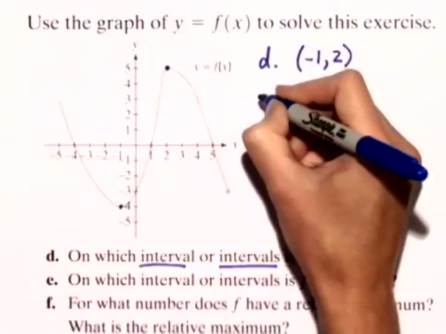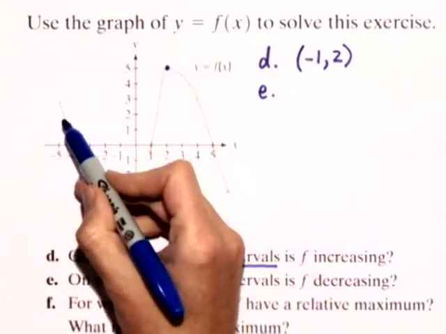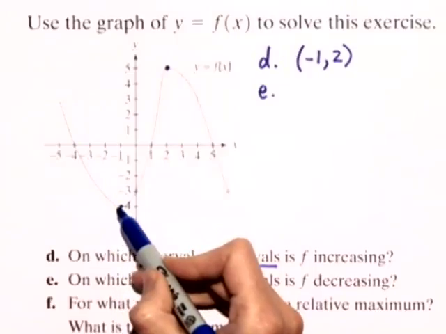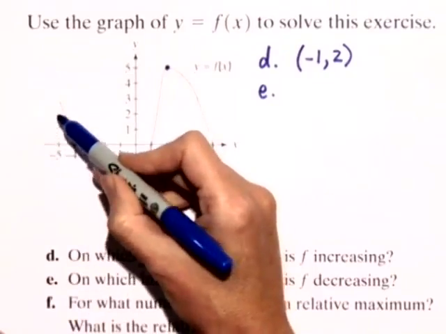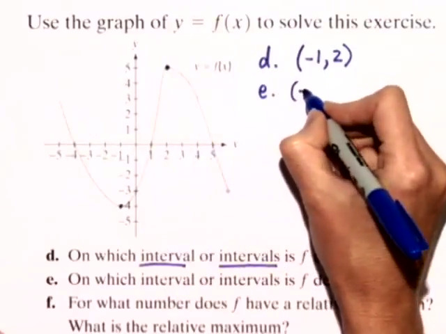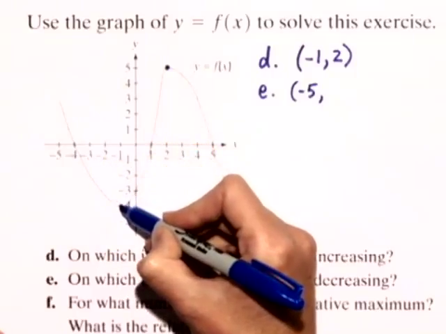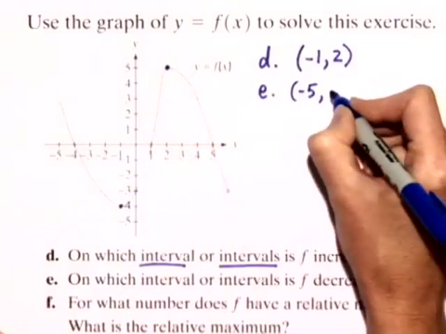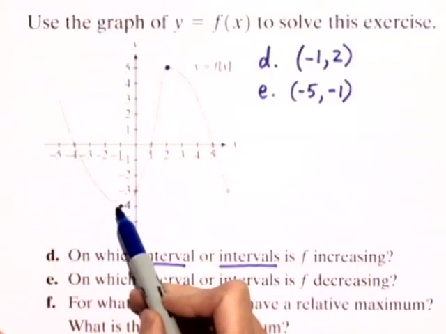Now on part E, we want to look at the interval or intervals where f is decreasing. Again, we're looking at x values, and if the function f is decreasing, that means the function values are getting smaller, the y values are getting smaller as we move to the right. So we can see that when x is negative 5, all the way until right down here when x took on a value of negative 1, it appears that this function was decreasing.